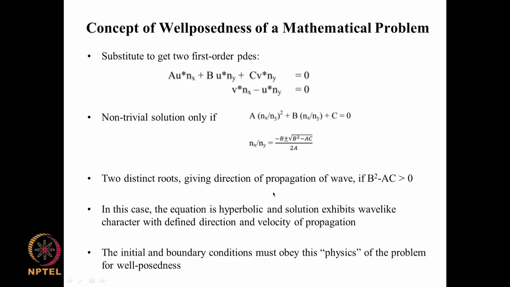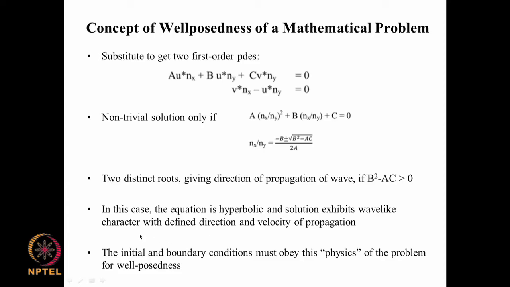That means that in such a case the equation that we started out with will exhibit a wave-like solution, and any equation which exhibits a wave-like solution with a well-defined character, that is with a well-defined direction of propagation and a velocity of propagation, is said to be a hyperbolic equation. So you have a hyperbolic problem if a wave-like solution is possible, okay.